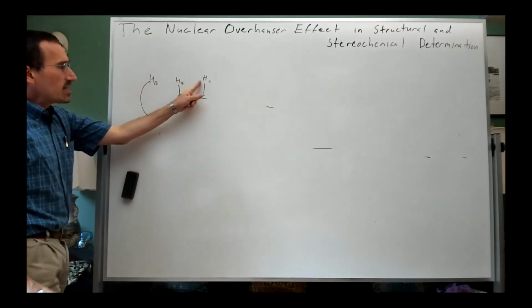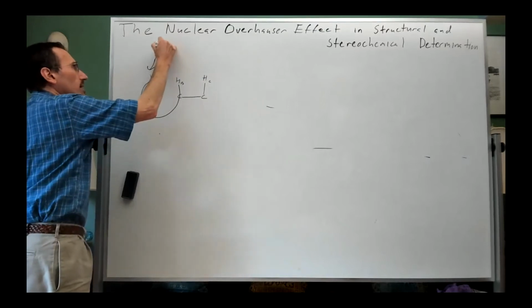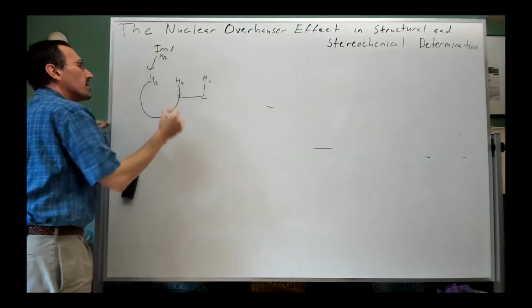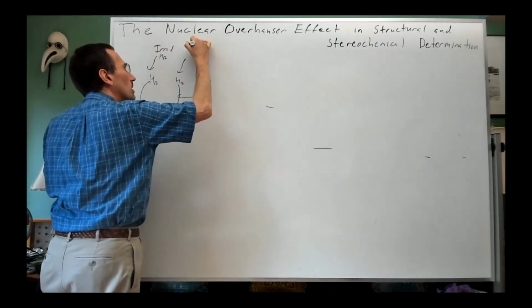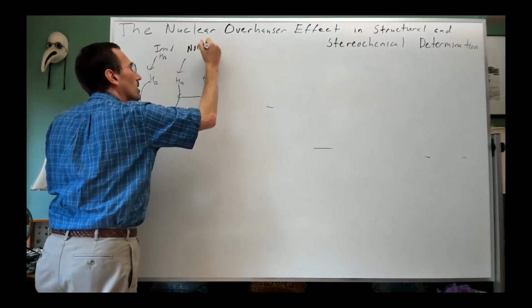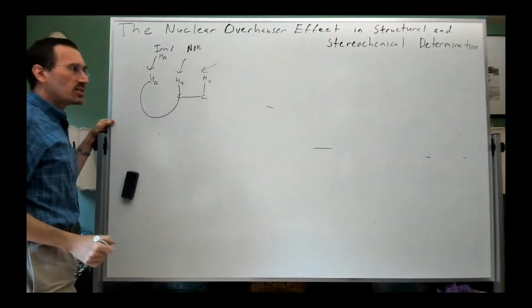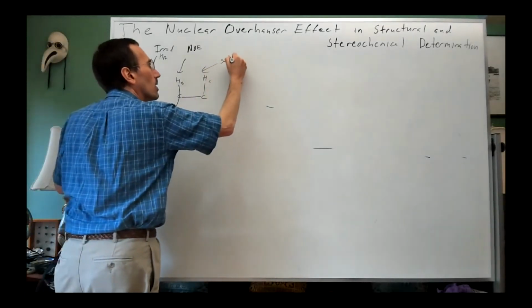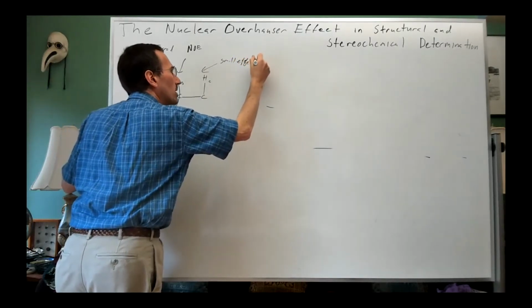So HC isn't near HA, but when I irradiate HA, the population of HB changes, but you get a secondary effect over to HC that is remote. We get a small effect over here.